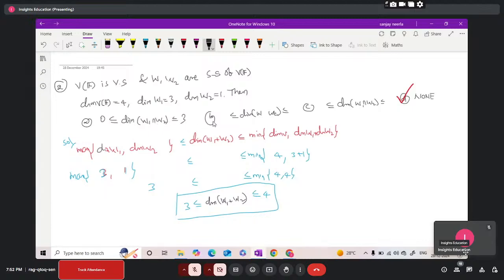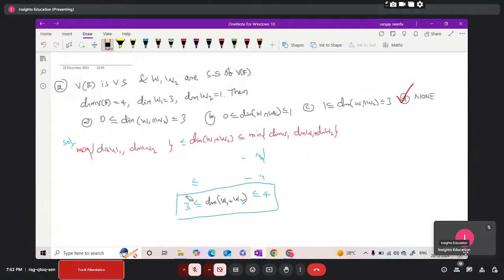Next one, the intersection 0 to 1, and the intersection 1 to 3. Which one is the correct? So next one, come to the intersection.